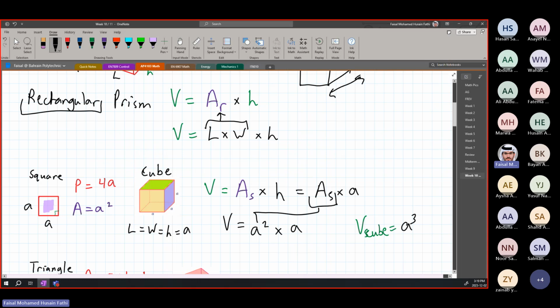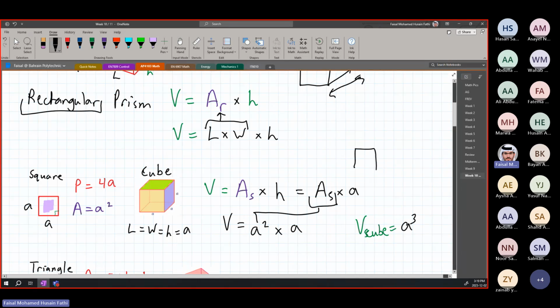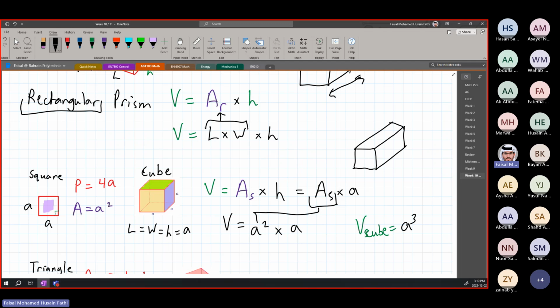There is a difference between a cube and the square prism. Keep that in mind. A square prism is going to have a square shape, but the height or the length or the width or whatever you want to call this dimension is going to be different. Okay, so the length over here, and this is the height and this is the width, for example. So the height and width are equal in this case.